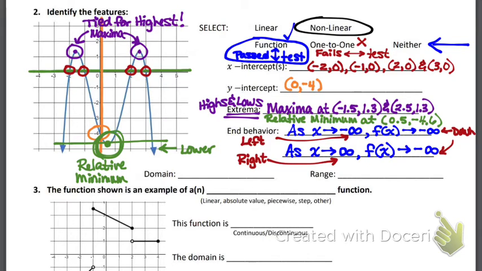So in between these arrows, I can get every single x value. I can get everything that's in between 2 and 3. That happens right here. Everything that's in between negative 2 and 1. Everything that's in between 1 and 0. And so on. I can get all of these different x values.